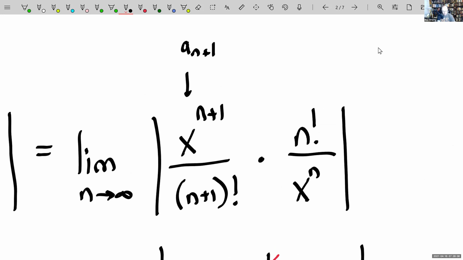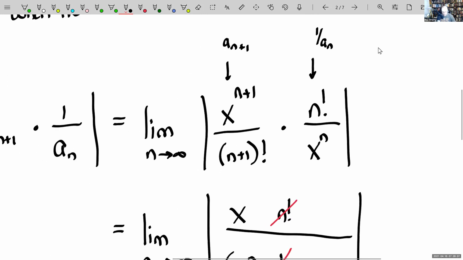And the reciprocal of the nth term is that guy right there. So again, it's the n plus first term divided by the nth term, but I like to write it as the n plus first term times the reciprocal of the nth term. And I'm not alone in that. Most people do like to do that. It's just a lot easier.